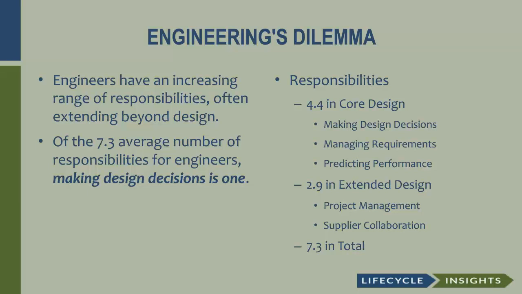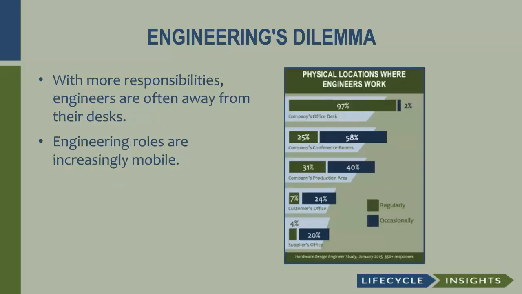So the key in all of this is that the average is 7.3 responsibilities for the average engineer, but only one of those is making design decisions.